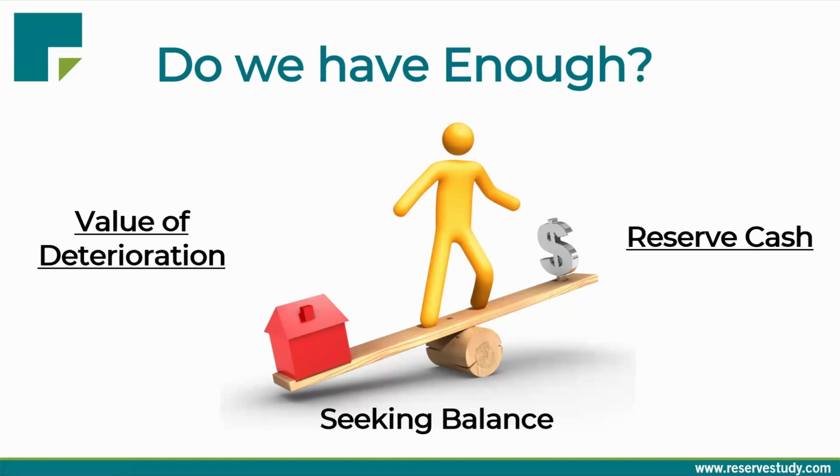And let me give you this hypothetical. Think with me. If you have a brand new association, sparkly, shiny new, you don't need much in reserves because nothing has deteriorated. The ongoing cost of deterioration has been nothing. You're a year or two old, close to nothing.